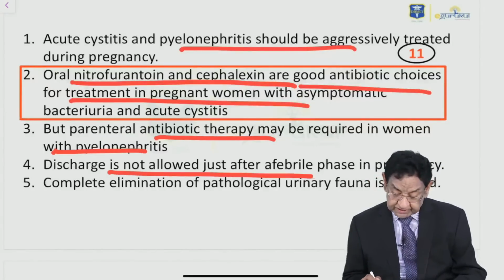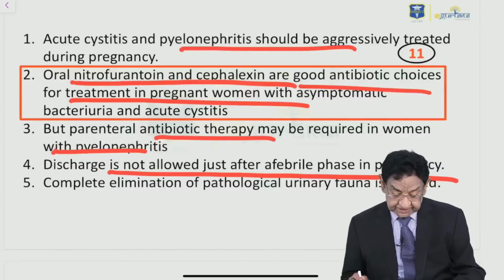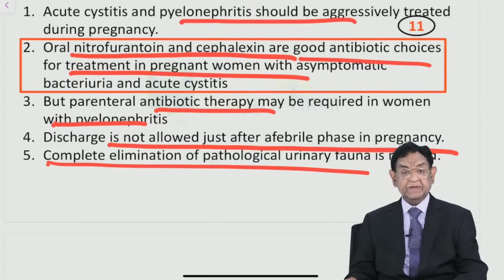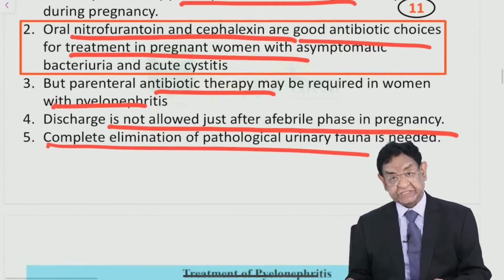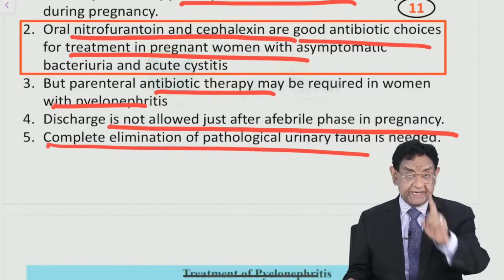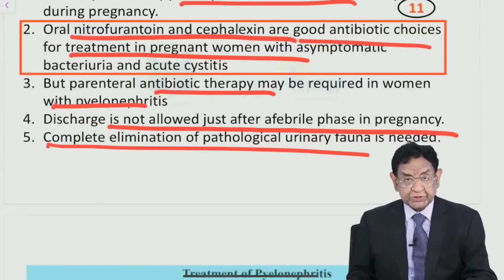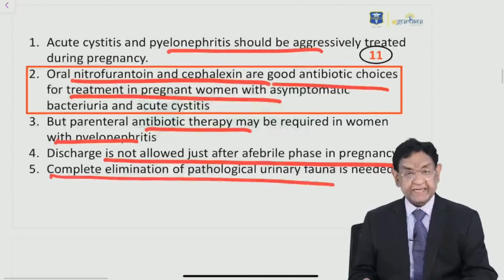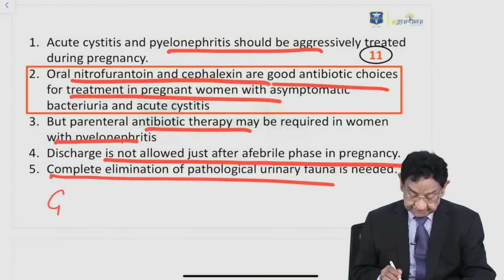Discharge is not allowed just after the afebrile phase. Complete elimination of pathological bacteria is essential. It's mandatory that all the bacteria should be killed before the patient is discharged. Otherwise, the bacteria can regrow and can even lead to gram-negative septicemia.